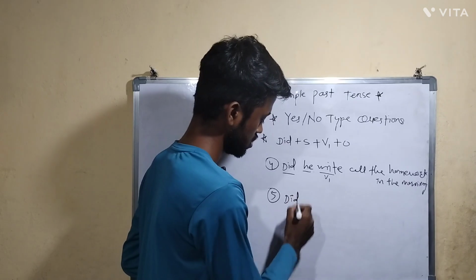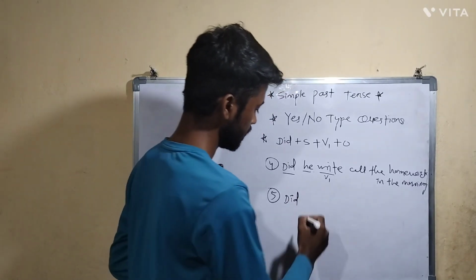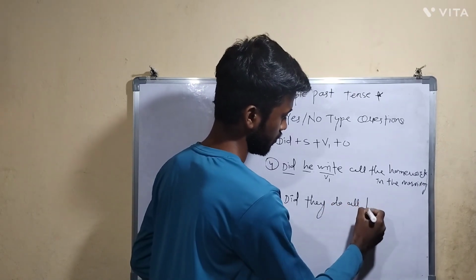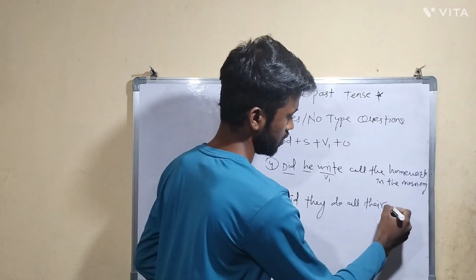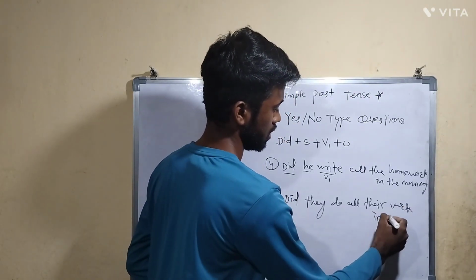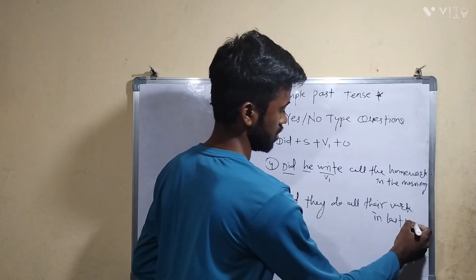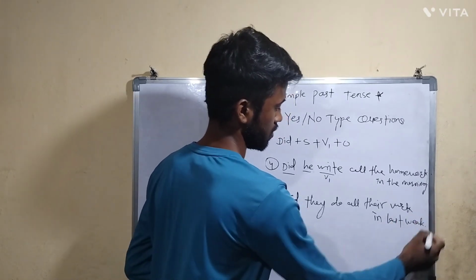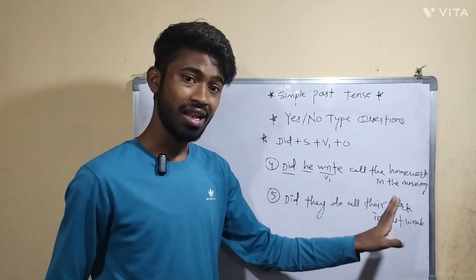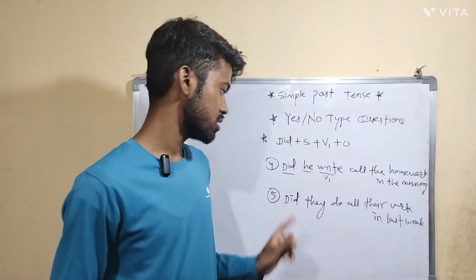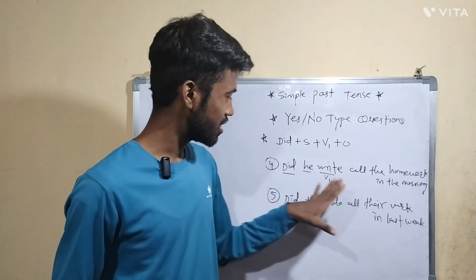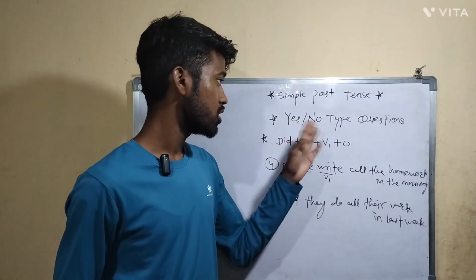Did they do all their work in the last week? So here, see, there is nothing new, you all understood, right? These are a few examples of yes/no type questions.